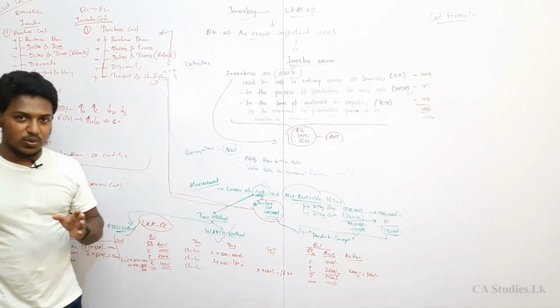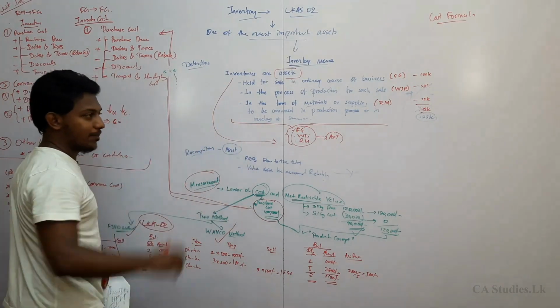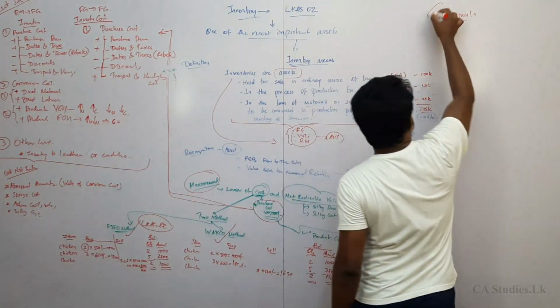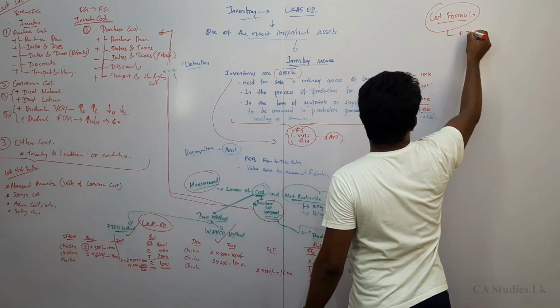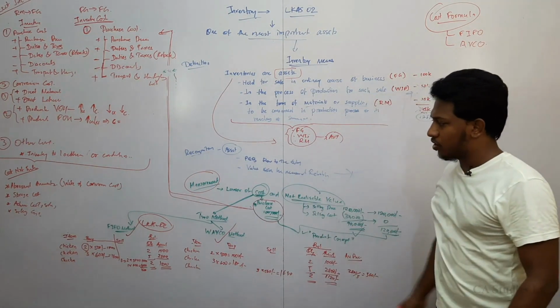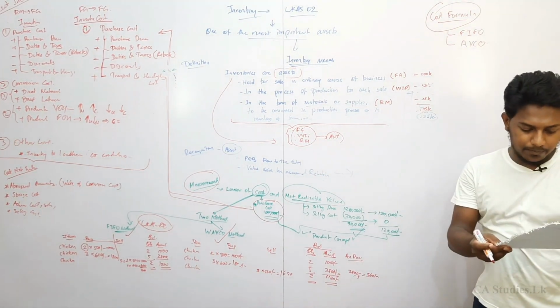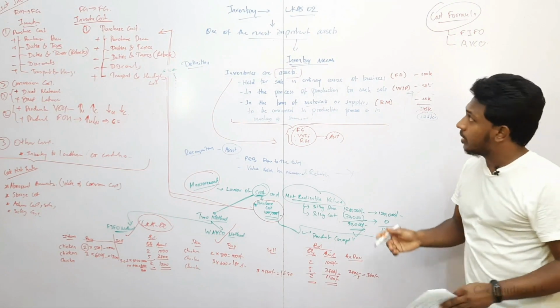In LKS 2 separately given measurement topic and the cost formula topic differently, but in cost formula also they are saying follow the FIFO or follow the FCO, right? So measurement and the cost formula both are the same, right?